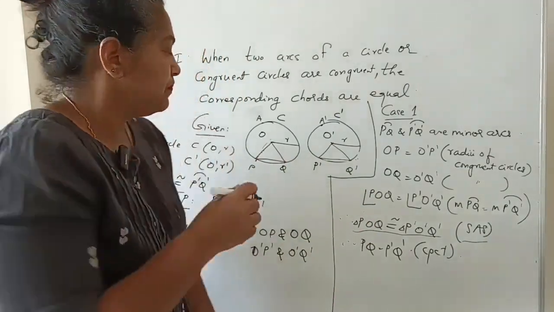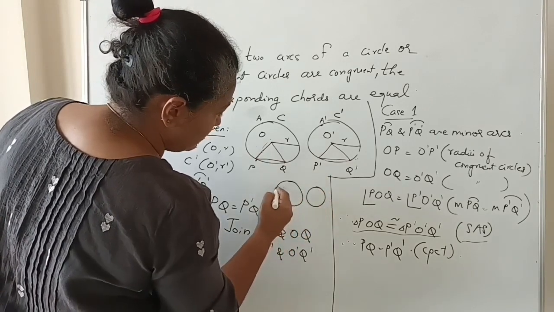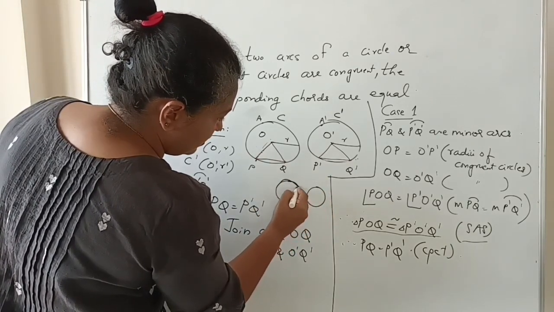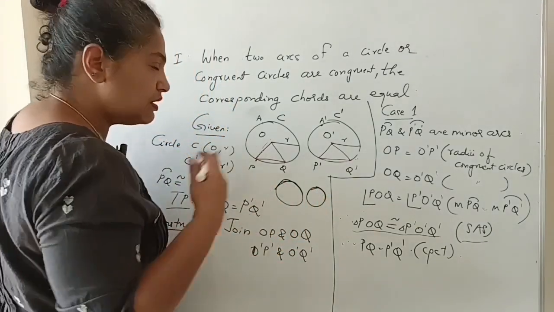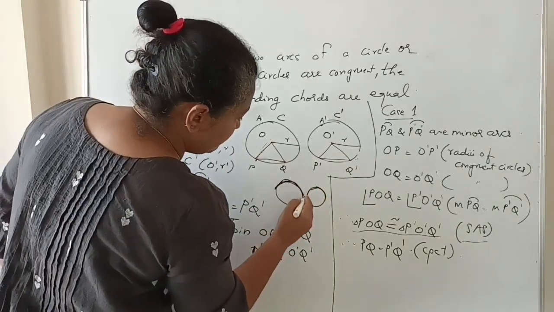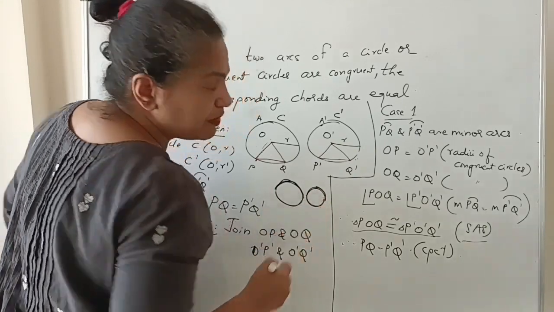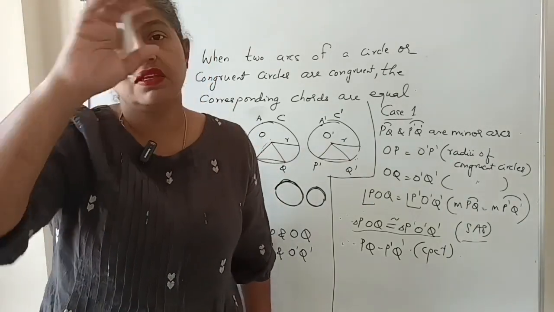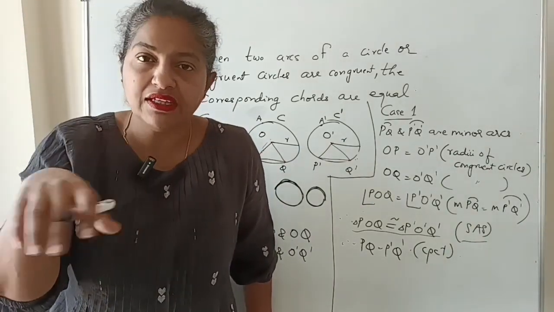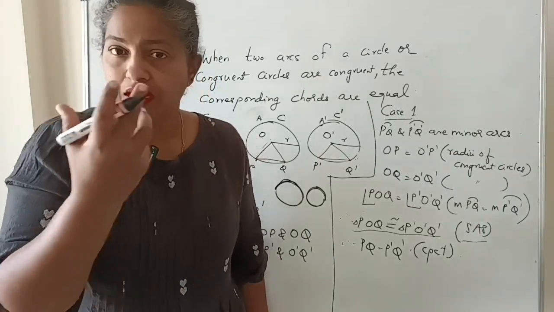Okay. So, in two congruent circles, if this part and this part are equal, my diagram doesn't look congruent, but they are congruent, the remaining arc also has to be equal, because the total measure of the arc is the circumference, and for two congruent circles it has to be equal, correct?